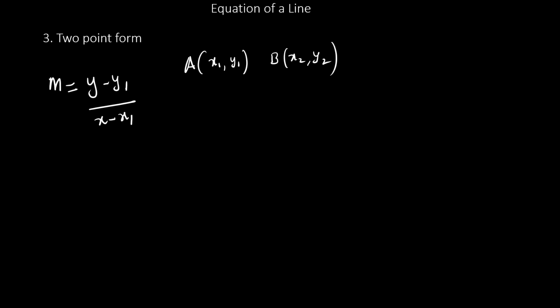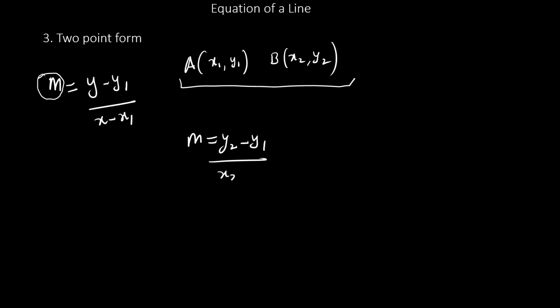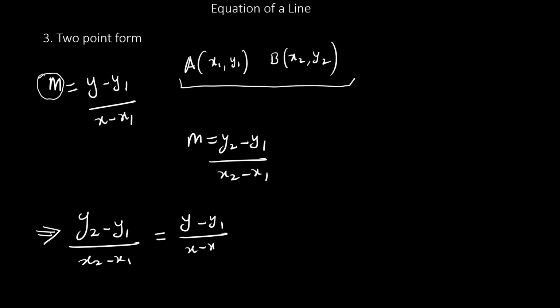How can we write out the formula for finding the equation of this type of form? We can simply replace m, which is the slope, with the original definition for slope, which is m equals (y2 minus y1) over (x2 minus x1). So this now leaves us with (y2 minus y1) over (x2 minus x1) equals (y minus y1) over (x minus x1).